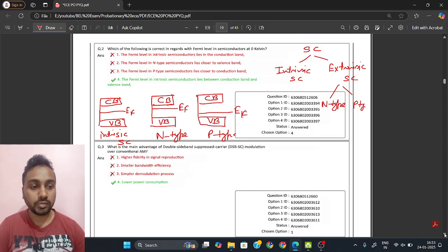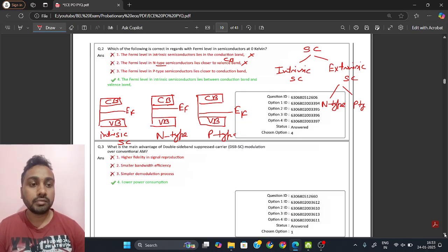You have to remember this point, because a question can come from any point. If you see the options, the Fermi level of an intrinsic semiconductor lies in the conduction band, so this is wrong. The Fermi level in an n-type semiconductor lies closer to the valence band; this is also wrong, because in n-type it is closer to the conduction band.